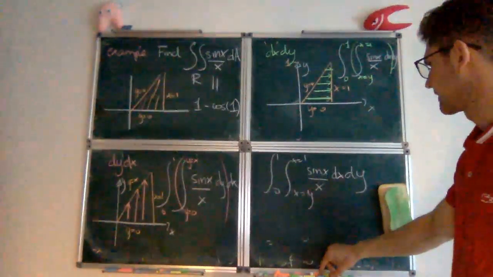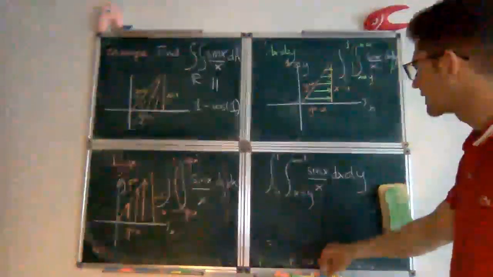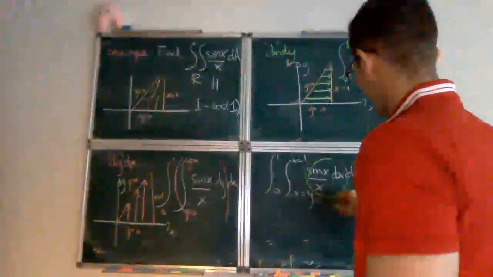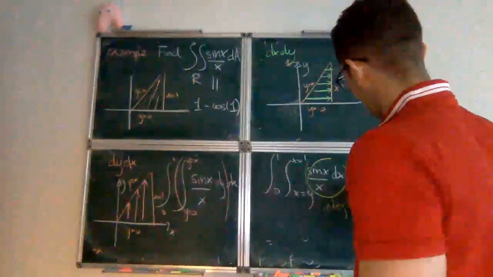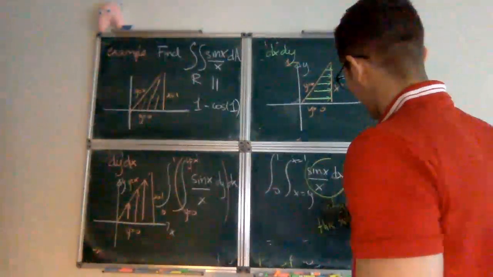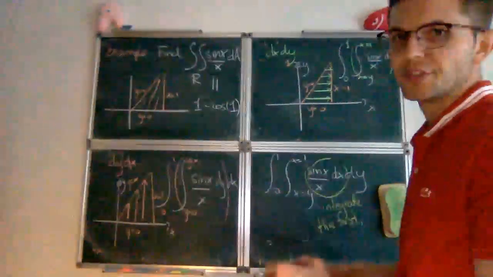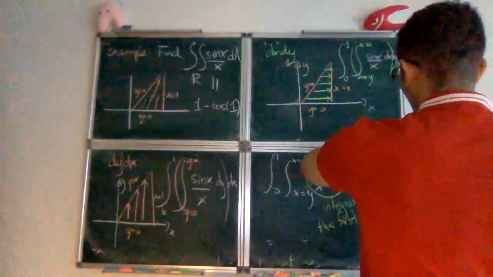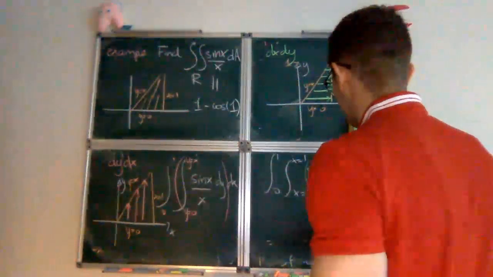So in practice, in this particular case, the problem is that now we have to integrate this first. But the issue is that we just don't know how to integrate this. There's really not a good way to integrate this function.